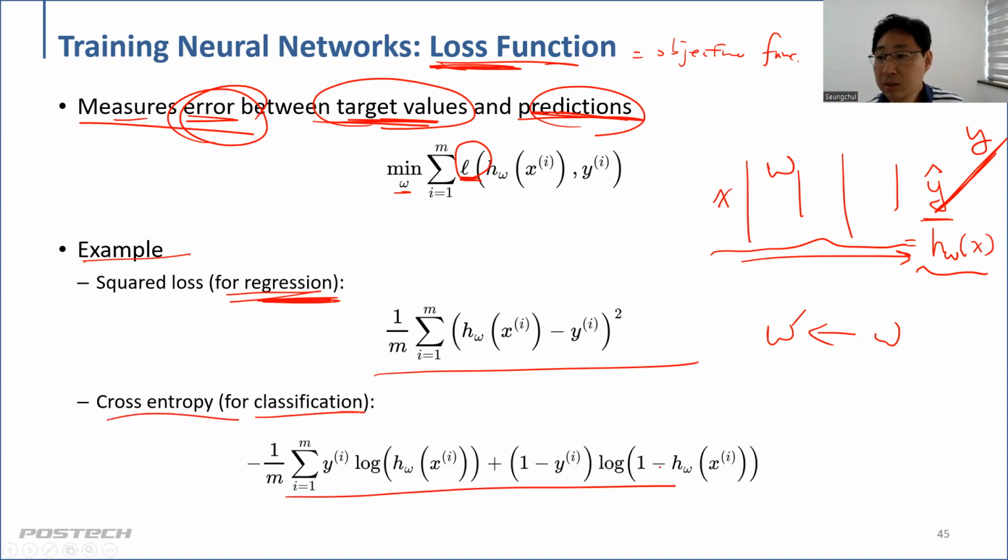You remember, we already learned it from logistic regression, cross entropy for classification problems. So by having different definitions of loss functions, it could be a regression problem or a classification problem. That's why an ANN can work as a regressor or a classifier. It really depends on how you define your loss function.